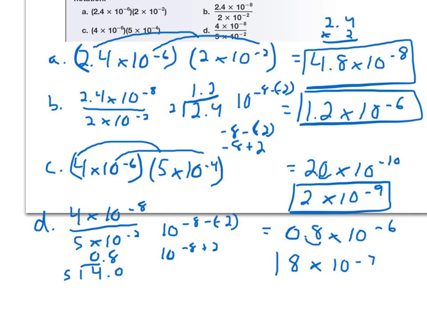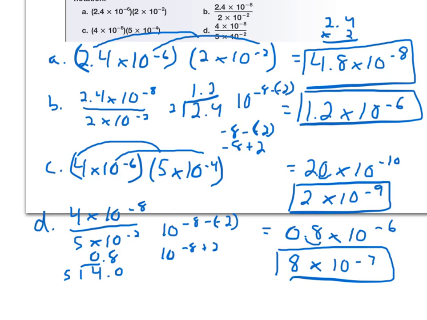This is the part that gets a little tricky, when you have to adjust it in scientific notation. When I move the decimal to the right, my exponent has to go down 1, and down 1 from negative 6 is negative 7. Whereas up here, on this one, when I move the decimal once to the left, my exponent goes up 1, and up 1 from negative 10 is negative 9.